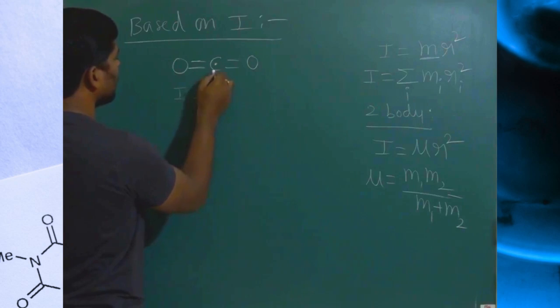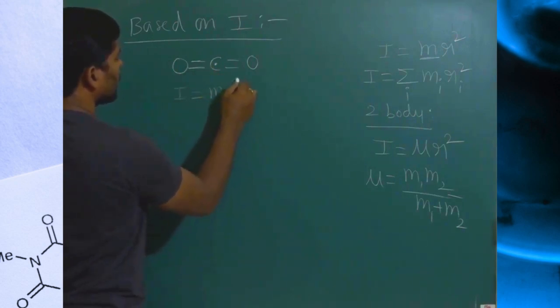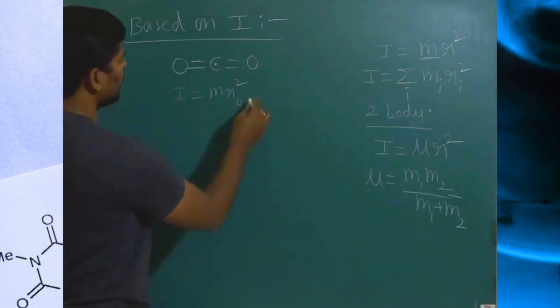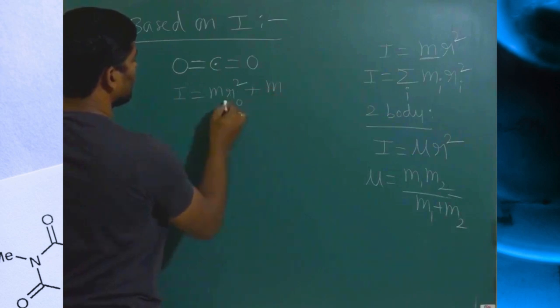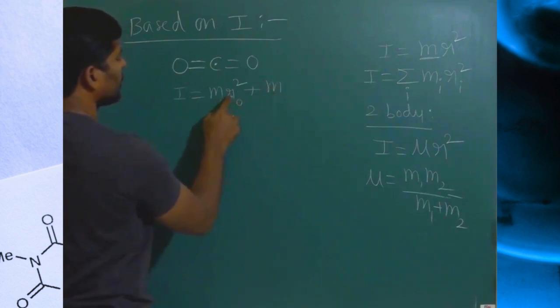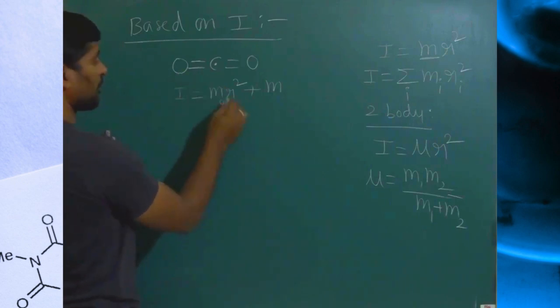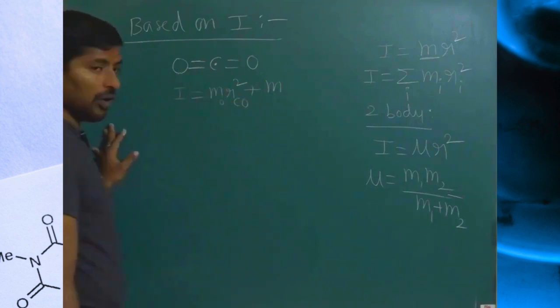So therefore I is equal to m r squared for the oxygen, whose position changes: the mass of the oxygen atom times the distance of the oxygen atom from the center of gravity. The distance of the oxygen atom from the center of gravity is nothing but the CO bond length.